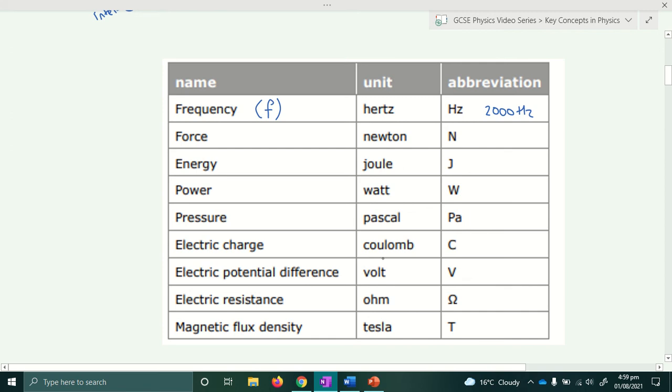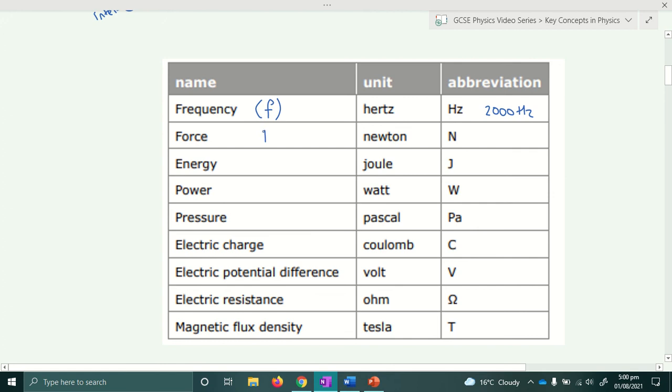Also, they're all measured in volts, named after Alessandro Volta, who I think is an Italian physicist, capital V. Resistance is ohms, named after a German physicist, which is a Greek letter omega, that's a capital omega. And then once we get into magnetism, we'll come across magnetic flux density. That has a unit of Tesla, not named after the car company, named after the actual physicist Tesla, given a capital T. And so you'll come across these as you go through each of the different topics.